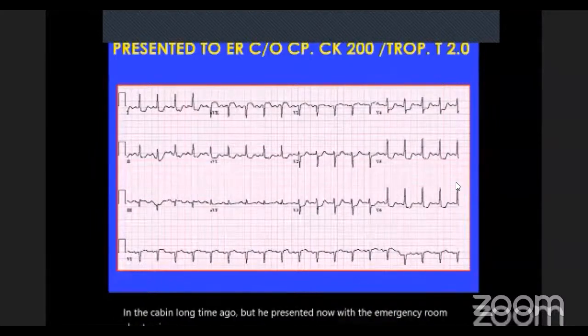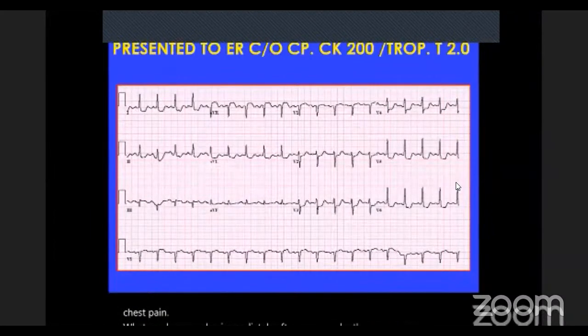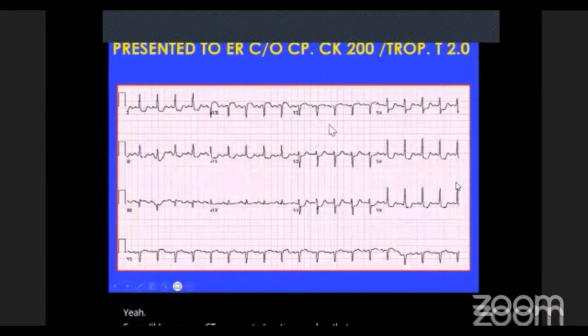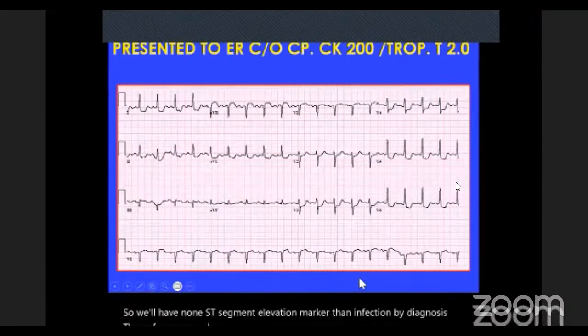It can happen also immediately after CABG, by the way. And in many leads he's having ST depression. Right. And so our diagnosis is? And he's having high cardiac enzymes as well. Yeah. So maybe he's having occluded grafts. Yeah. So we'll have non-ST segment elevation myocardial infarction by diagnosis. Then of course you have to investigate his grafts. Right. Excellent.